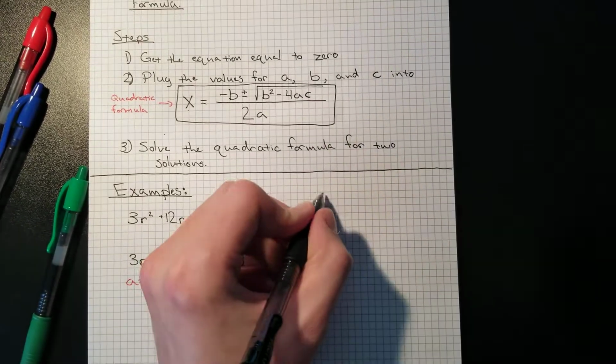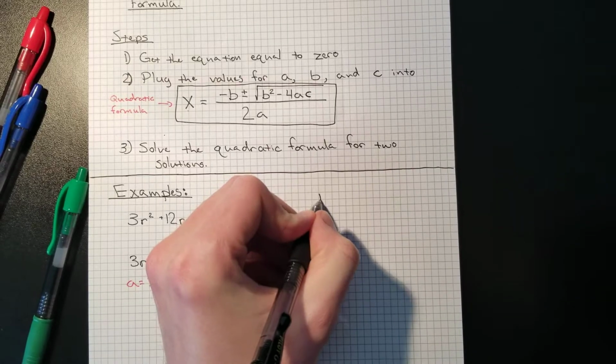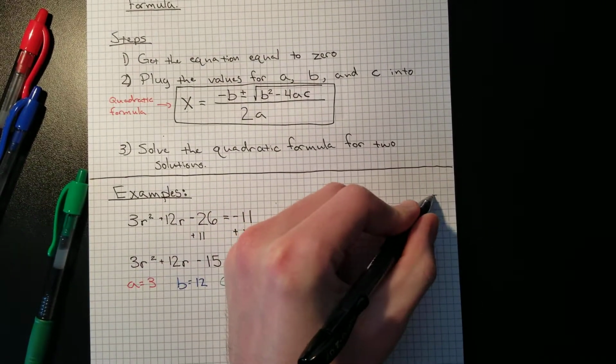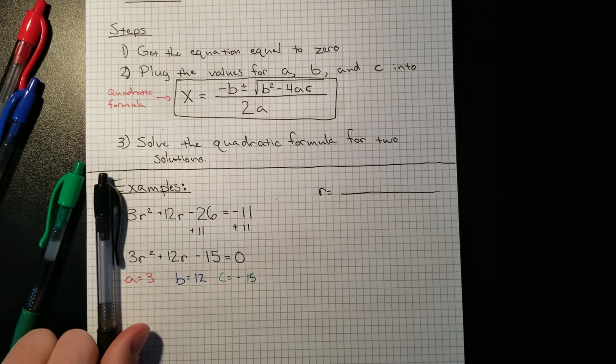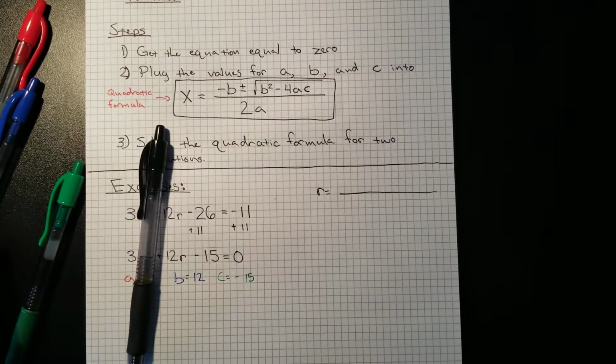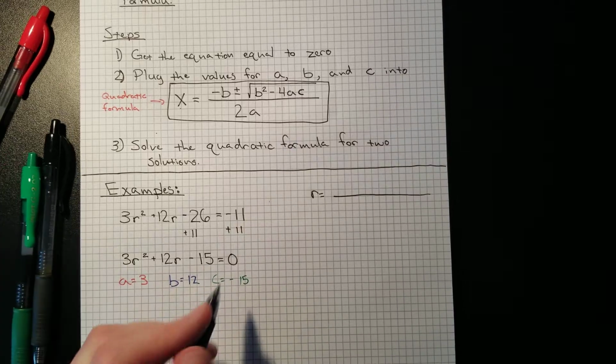I'm actually going to give myself some more space. So r equals, like a really big fraction bar. So it's going to be negative b.